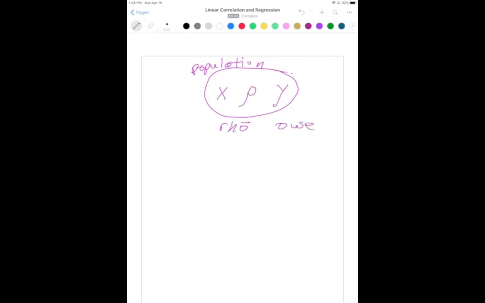And we're going to collect a set of ordered pairs for our sample. So in our sample, we have a set of X's and Y's, and we're going to treat them as ordered pairs. For each X, there is a corresponding Y. Think of a person whose weight has been measured and whose height has been measured, and we have a set of these.